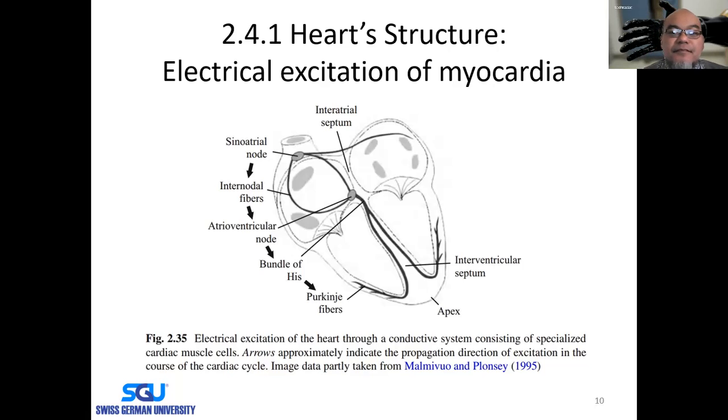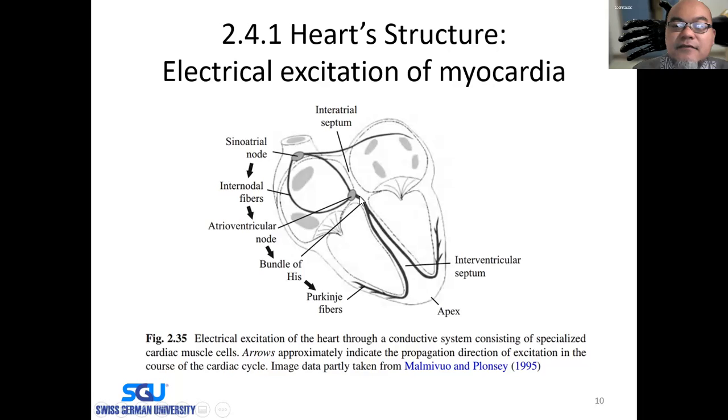Then it sends an electrical signal into the atrioventricular node through the internodal fibers, to the right, to the middle, and also to the left side of the heart. The atrioventricular node is located between the atrium and the ventricle. Then it branches from this atrioventricular node into what we call the bundle of His.